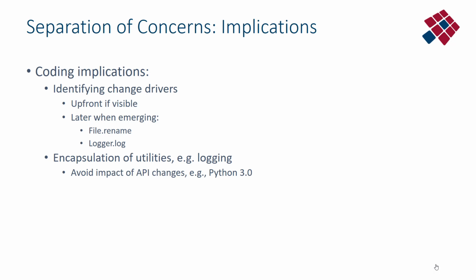If we don't know it's a change driver, and later on something emerges as a separate change driver, a simple logging statement or a file rename statement, which suddenly turns out to need to be changed everywhere, then at that point in time, this change driver emerges, and at that point in time, we have to separate it and go, like in the schematic drawing of the bus, from the left-hand side to the right-hand side to ensure that when it happens the next time, we won't have that huge effort anymore.